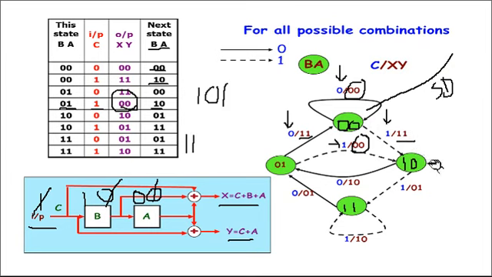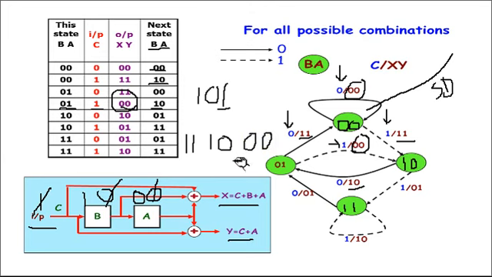When it reaches 1 0, again it will track for the input 0, so from 1 0 the continuous line will be followed. It will give the output 1 0. Again, since it reaches the 0 1 state, from this one it will look for the input bit 1, and the output will be 0 0.